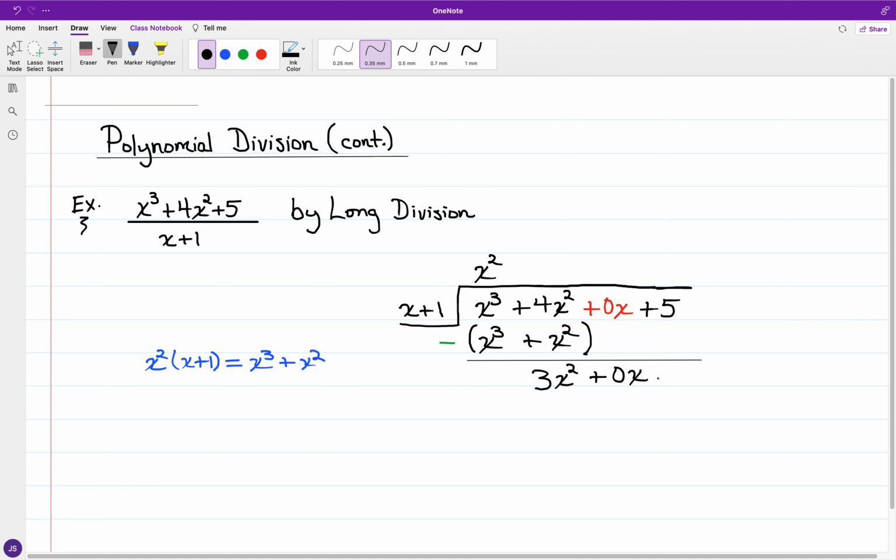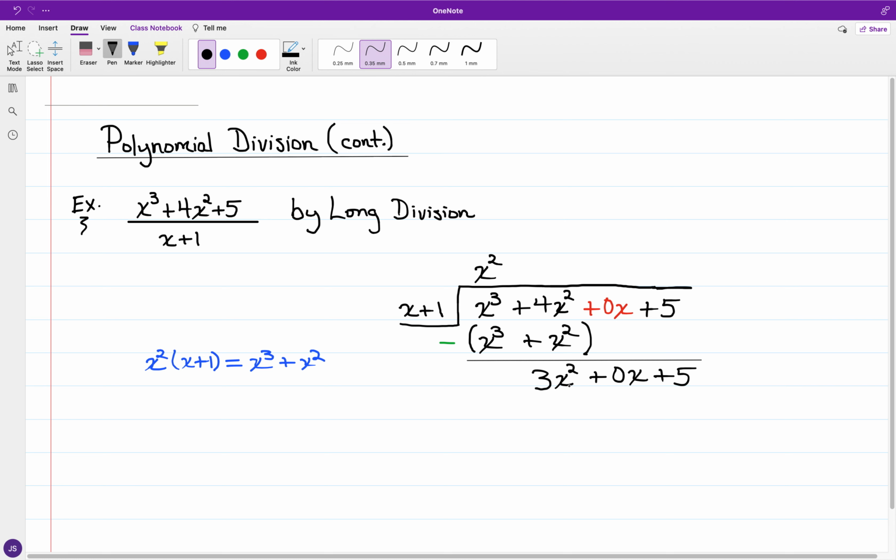Right now we have 3x squared plus 0x plus 5. Long division is a process of row by row subtraction, where at each stage the object is to eliminate the leading term from the dividend and anything else that spins off from it. We had x cubed go out. Now we're going to eliminate 3x squared.